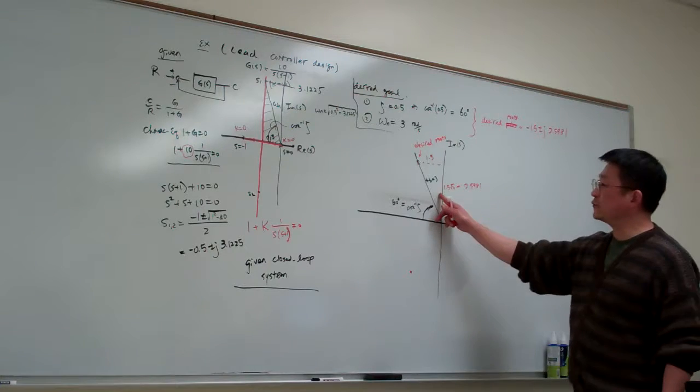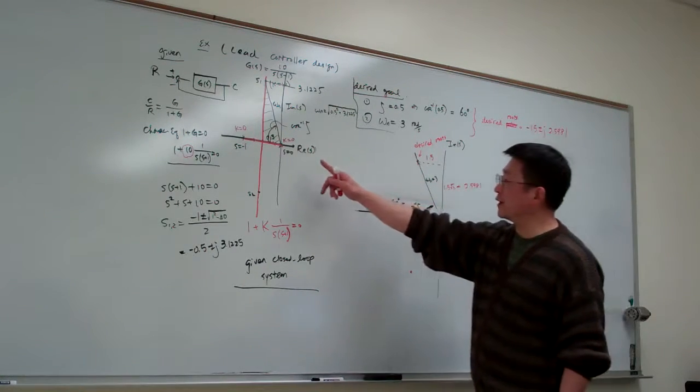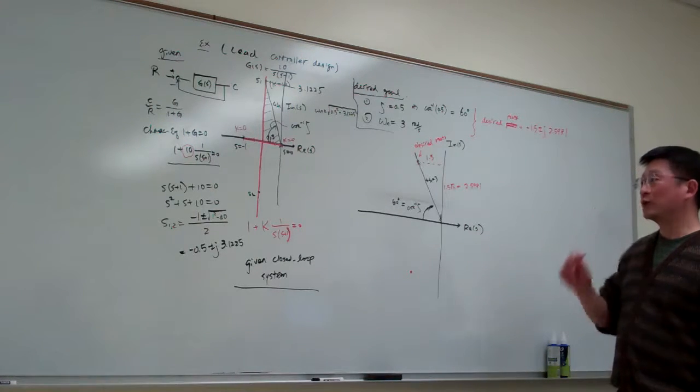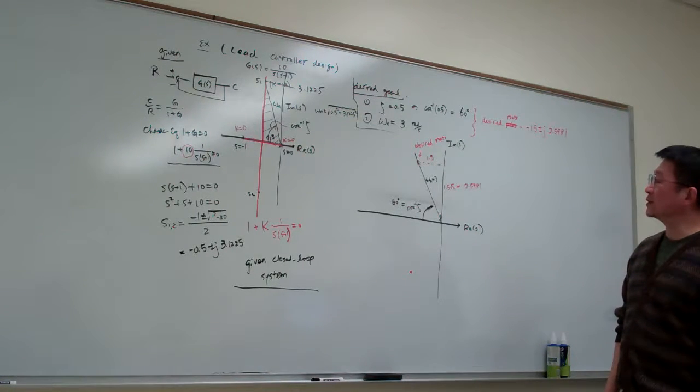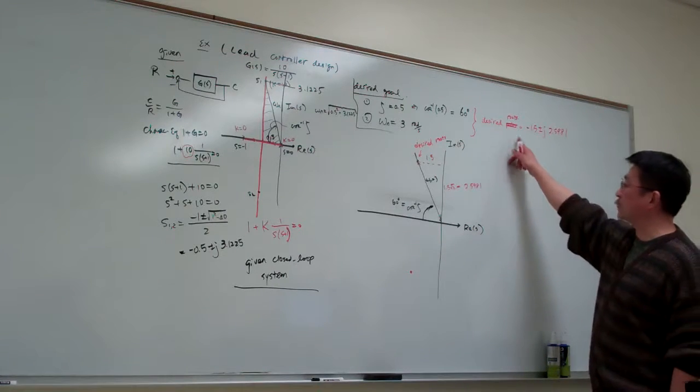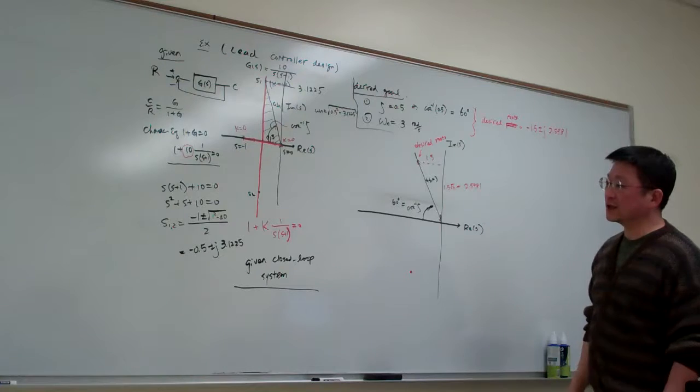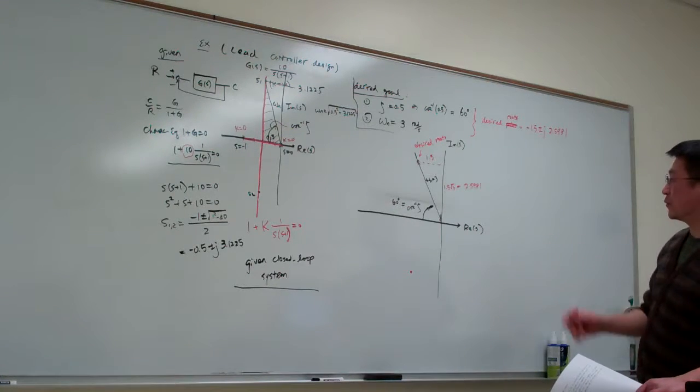So that is a desired one, and we have original one is here. So what we need to do is this. This is a desired root here, and how can we utilize the concept of lead or lag controller to help on this one?